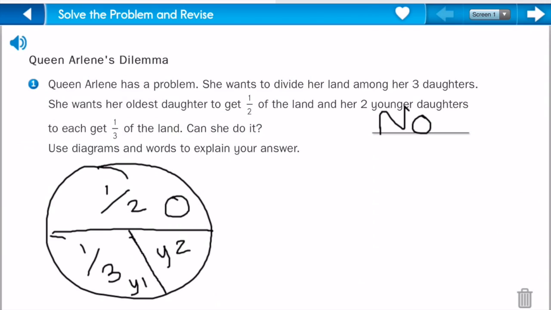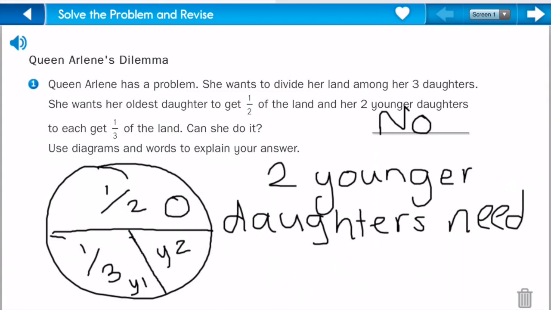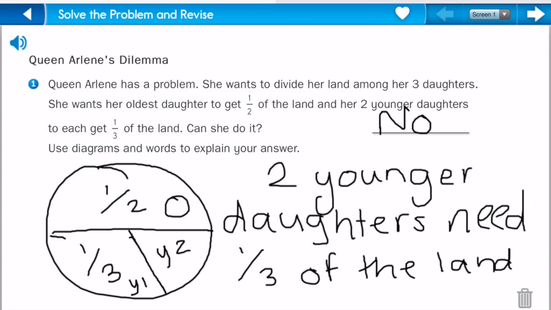Because 2 younger daughters need 1/3 of the land, but it is not possible because the oldest daughter has half.